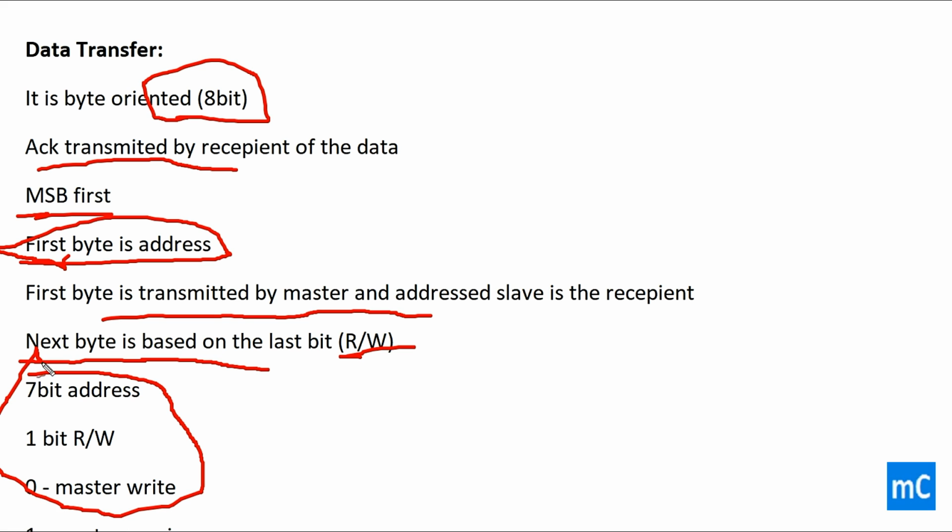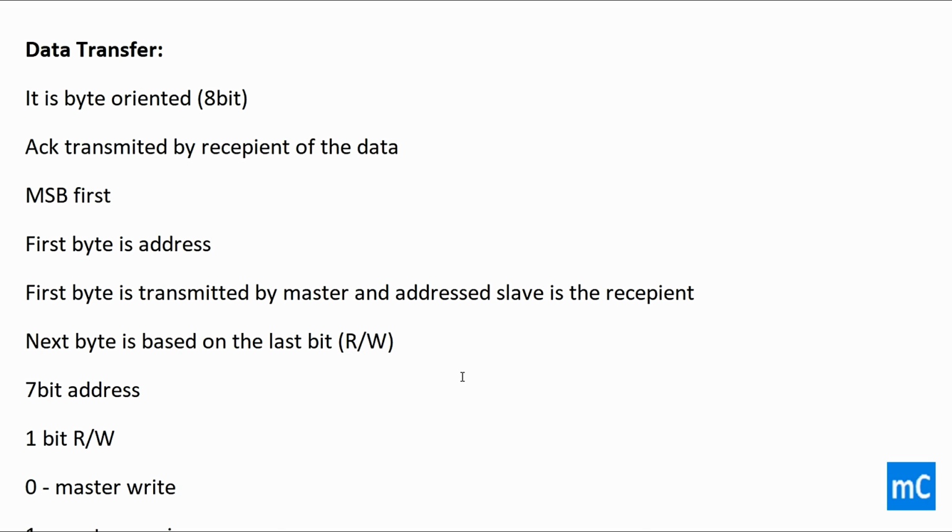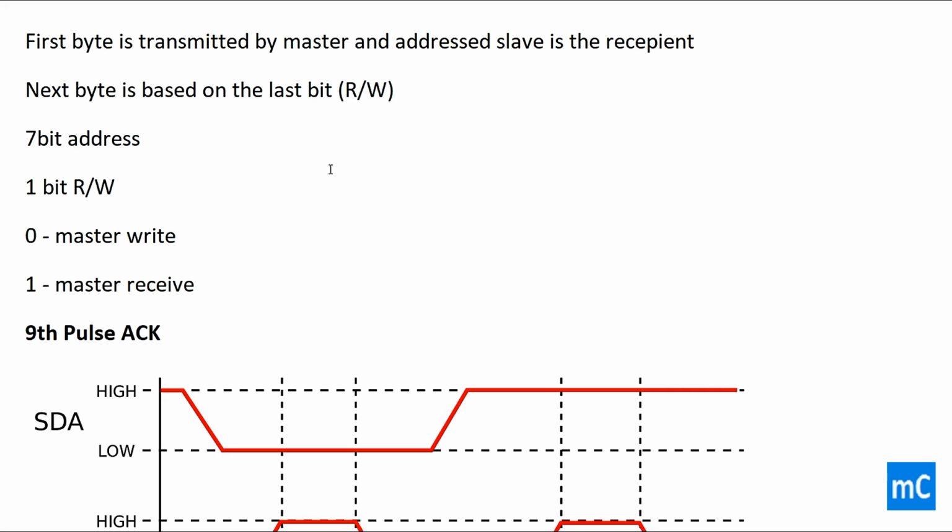In the first packet, 7 bits will be the address and 1 bit will be the read or write. So when the read/write bit is 0, master will be the writer, and when the read/write bit is 1, master will be the receiver.